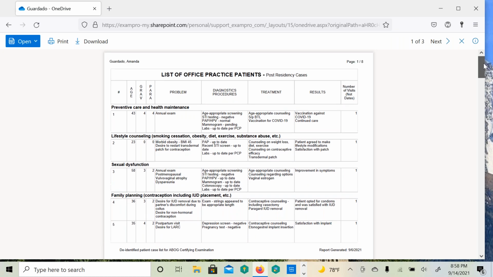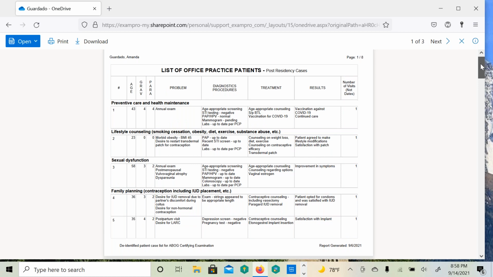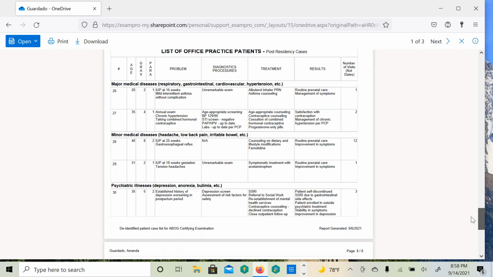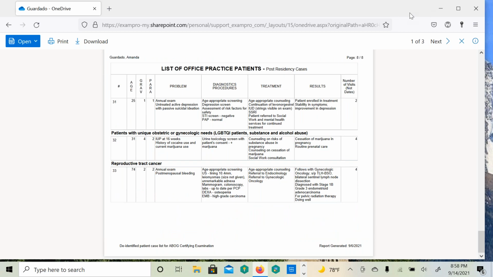I do have one case that I wanted to go over. It's my last case on my list, case 33. This patient was kind of all over the place.